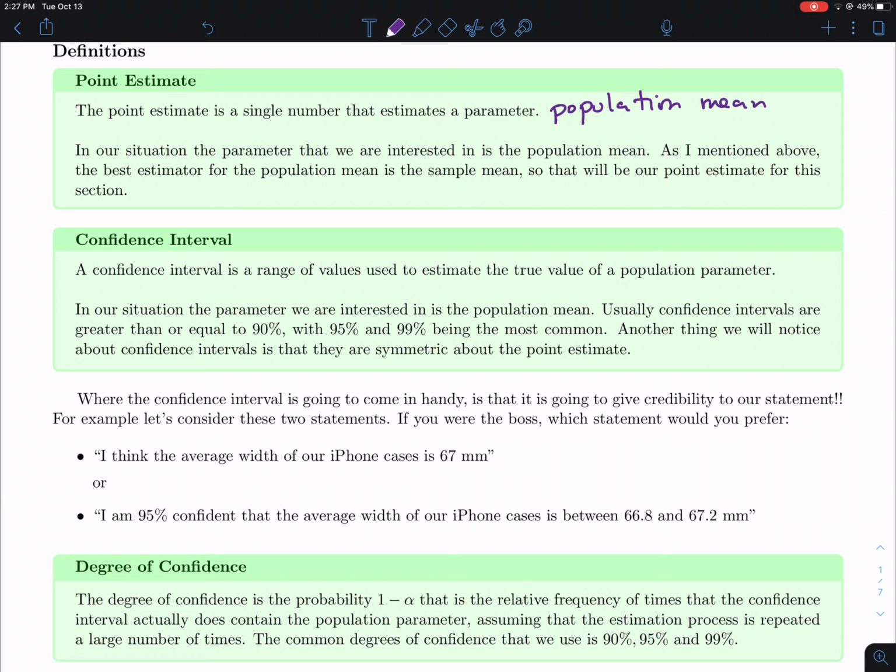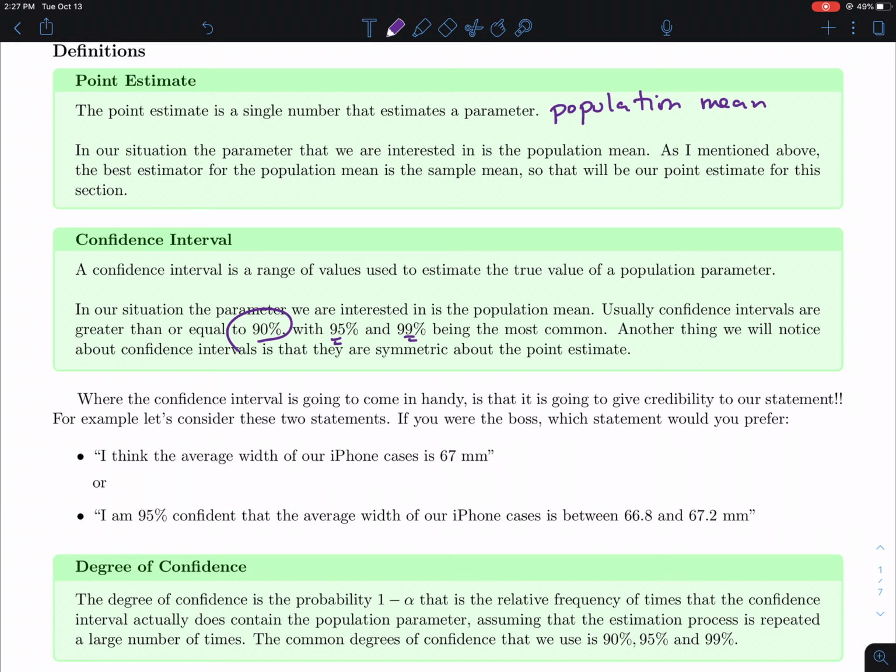I mentioned here that you could talk about confidence intervals that are less than 90%, but that doesn't give you a lot of confidence. It would be more like an unconfidence interval at that point. So typically they're at least 90%, but the two really popular ones are 95% and 99%.